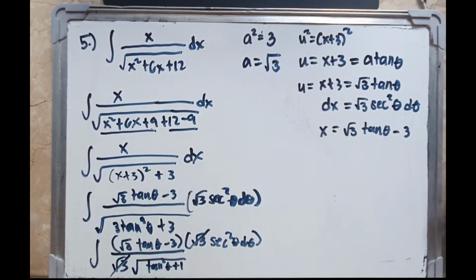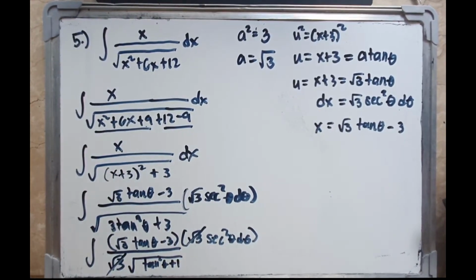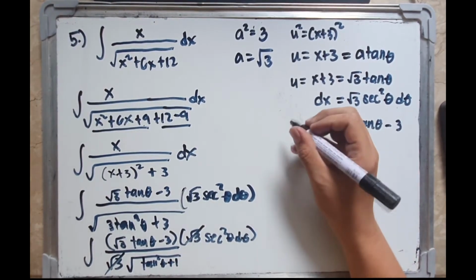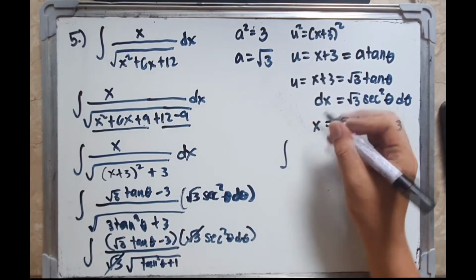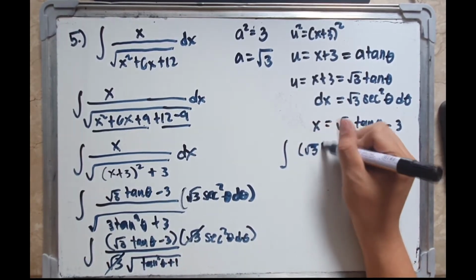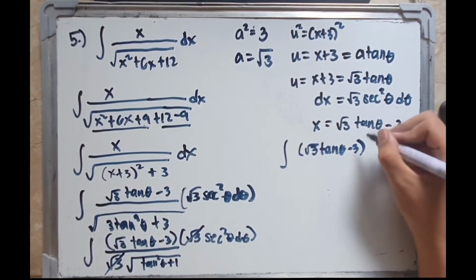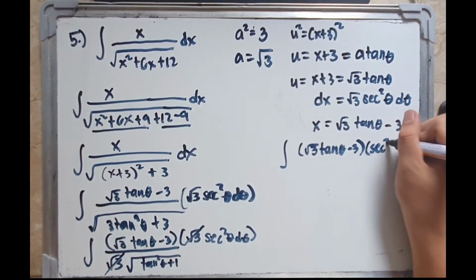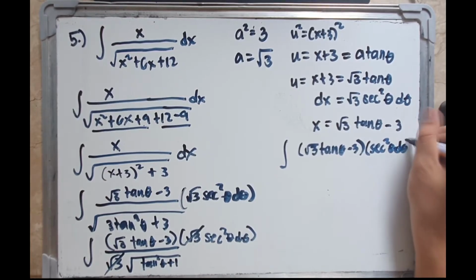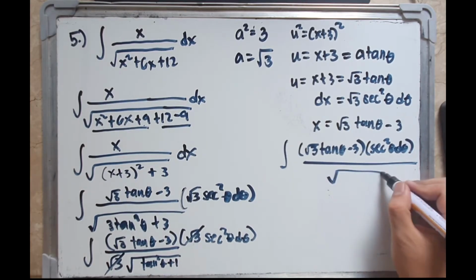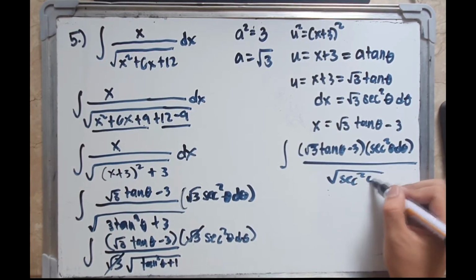And now, which part should we erase? Okay, this part right here. Let's have integral of square root of 3 tangent theta minus 3. We have the secant squared theta d theta all over with, about here. This one is equivalent to secant squared theta.